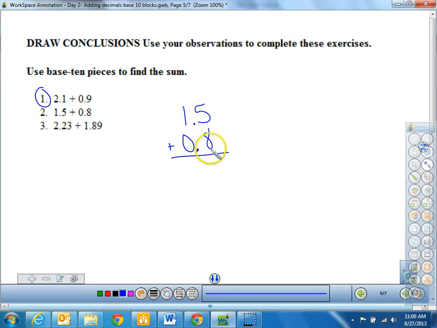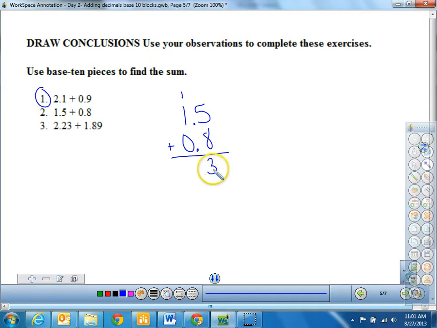So when we add 5 plus 8, we get 13. We need to remember that these are tenths though, right? So 5 tenths plus 8 tenths gives us 13 tenths. We know with a base 10 system that the 10 tenths are going to convert to a whole number. So we're going to put that over here as the whole number, and we're going to leave the 3 tenths down here.